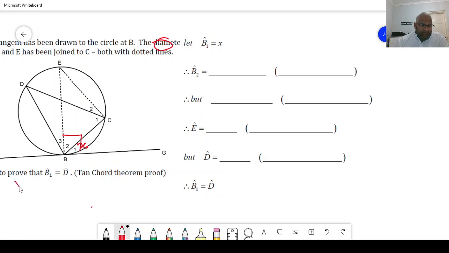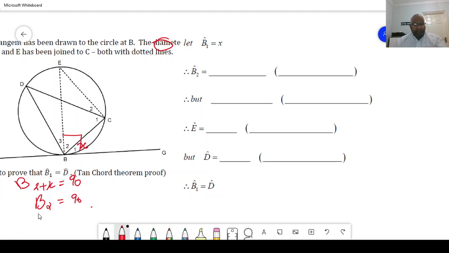Okay, for those of you who don't understand that, if B1, which is x, plus B2 equals 90 degrees, then angle B2 is equal to 90 degrees minus x. So I took that x over the equal sign.